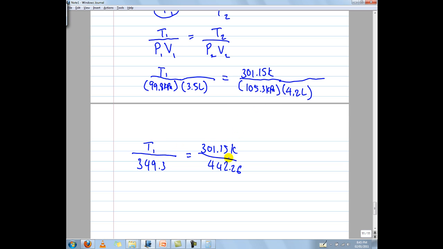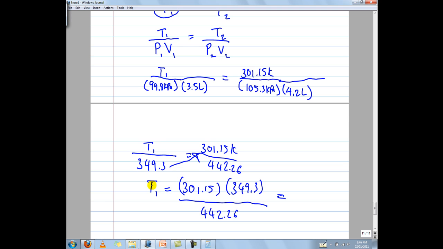Keep that one over there, and multiply these two numbers and you get 442.26. Now we just get rid of this 349 by multiplying out, and we get 237.85. Please remember that this is in kelvins, so in reality it's actually only negative 35.3 degrees Celsius. But since we usually answer our questions in kelvins, this would be my final answer.